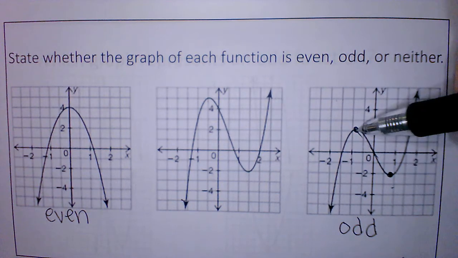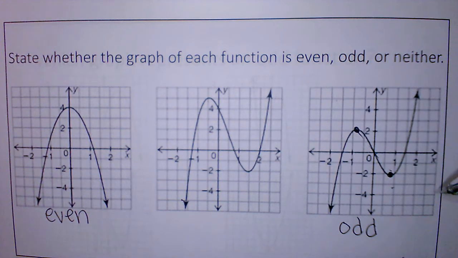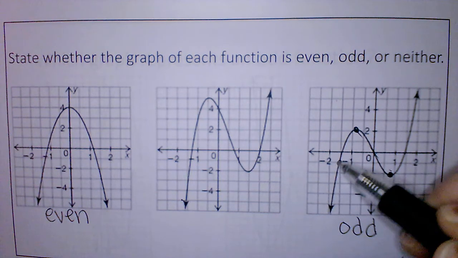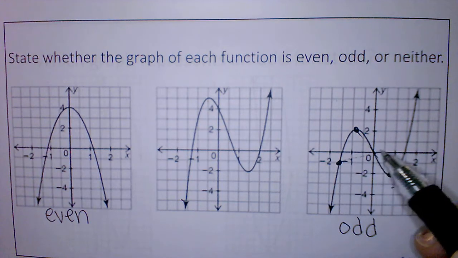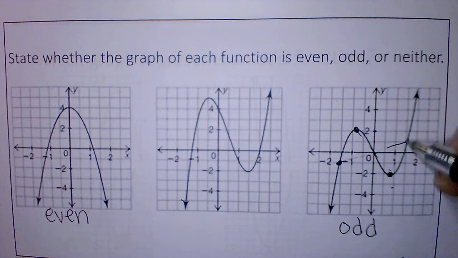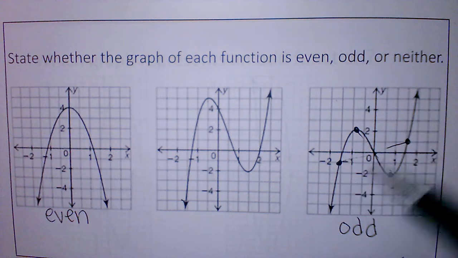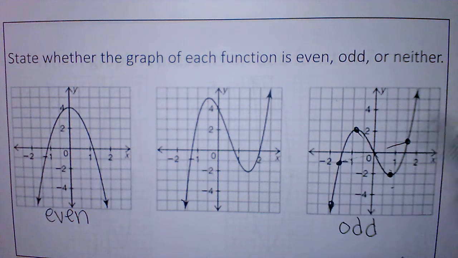So these points are symmetric about the origin. I can pick any other point that I want. This guy, it's this far from the origin, and if I keep going exactly opposite that, I get another point. Okay, and if I kept doing that, you would see that here connects up here, making this guy odd.